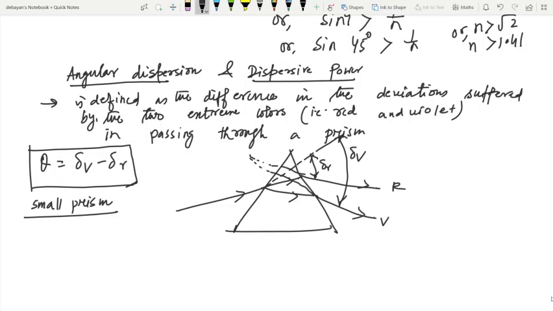If we put this formula, we get the refractive index of violet minus refractive index of red, into A.